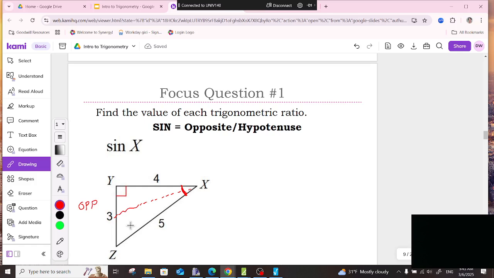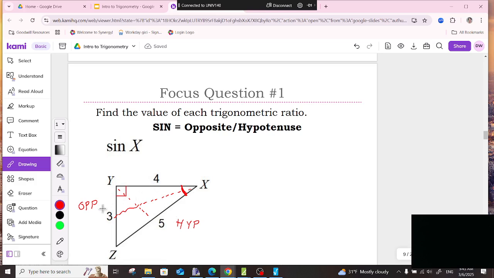Now, which one is the hypotenuse? The hypotenuse doesn't change. It's the opposite and the adjacent that could change if you're referencing the incorrect angle. Okay, adjacent is the side that helps make the angle you are referencing, but is not the hypotenuse.